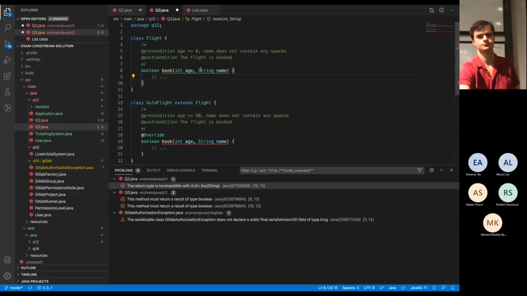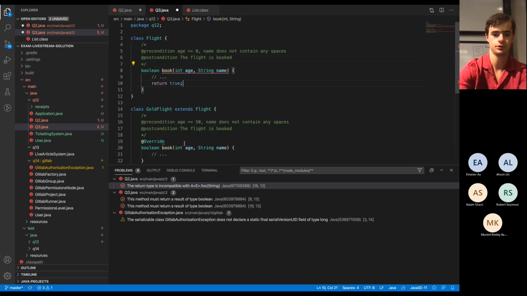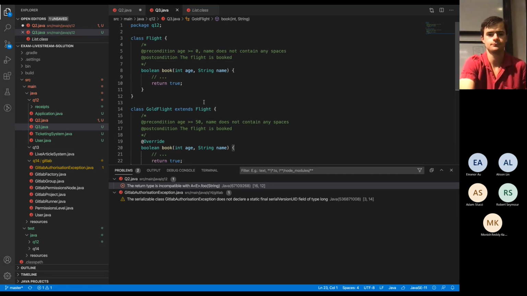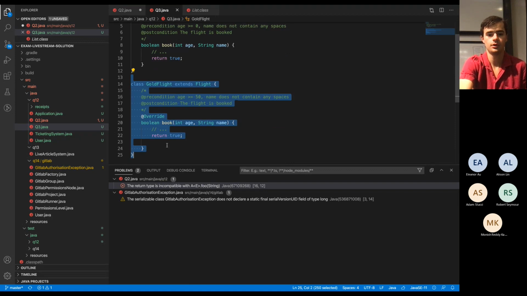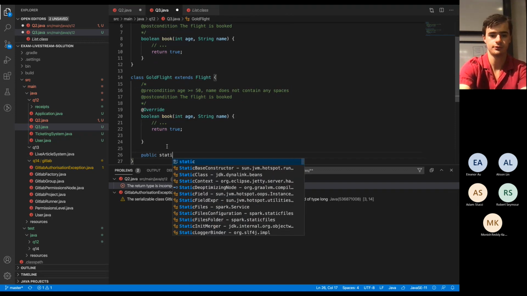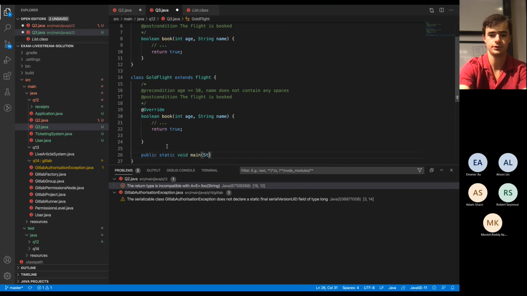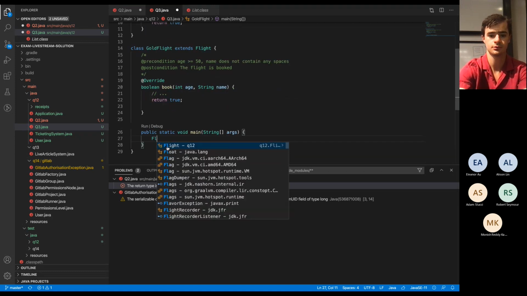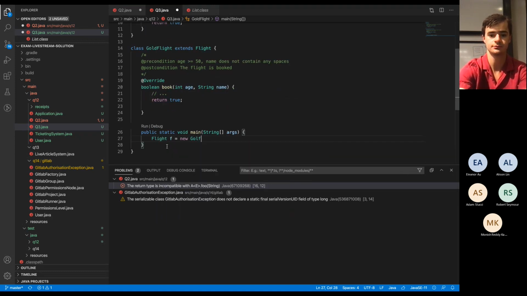There we go. I'm just going to say return true, both. Let's say public static void main String args. Okay, so I make a Flight f equals new GoldFlight.